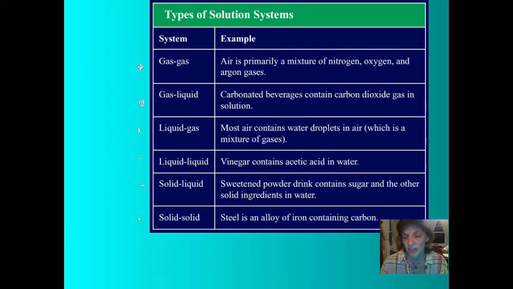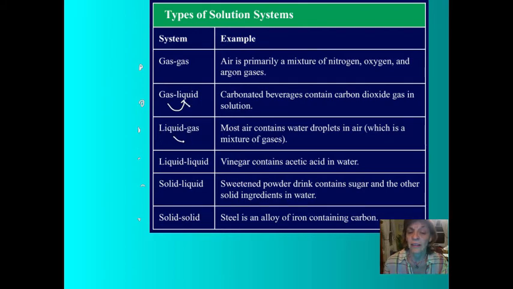Okay, here's some examples we have listed. Air is a mixture of nitrogen, oxygen, and argon, a gas-gas mixture. Gas-liquid is when you've got, say, a carbonated beverage. You've got carbon dioxide in solution with a liquid. So the gas is dissolved in the liquid.